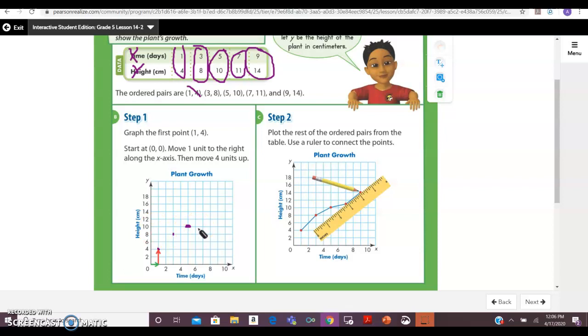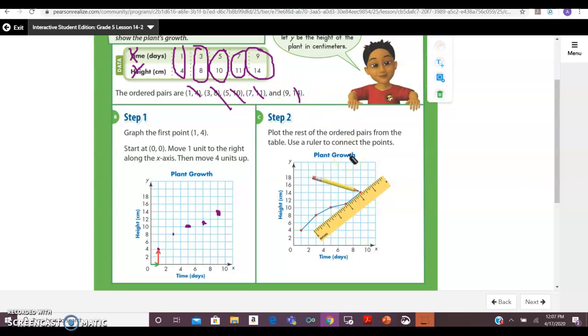It won't be on a line, but that is okay. So again, we're doing 7, and then 11 is right here in the middle-ish. Then 9, 14. Now I have all my points graphed.